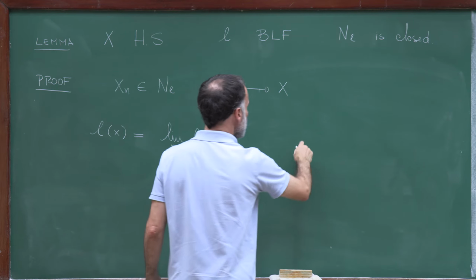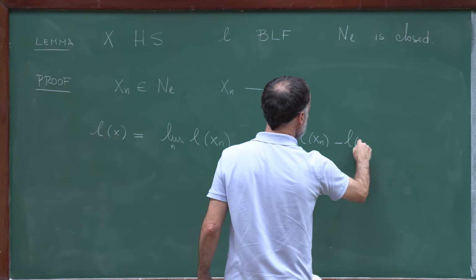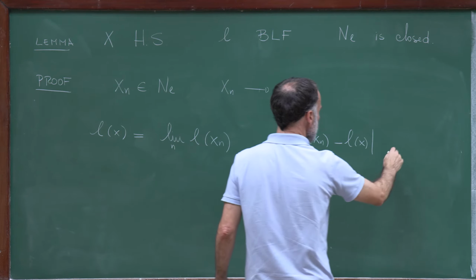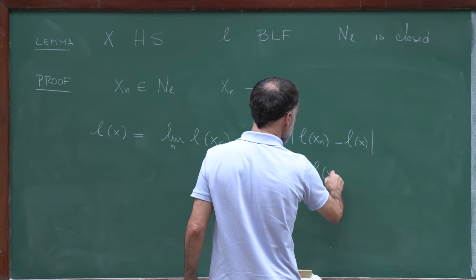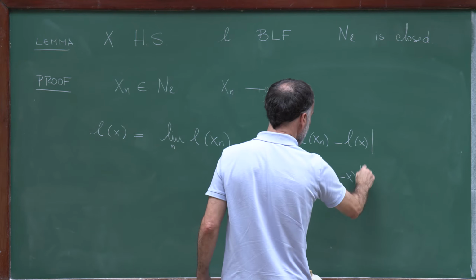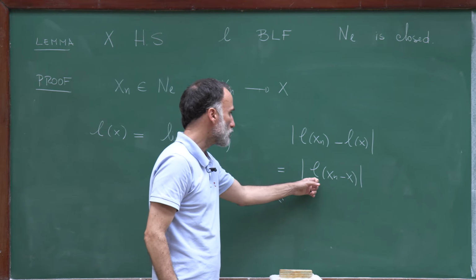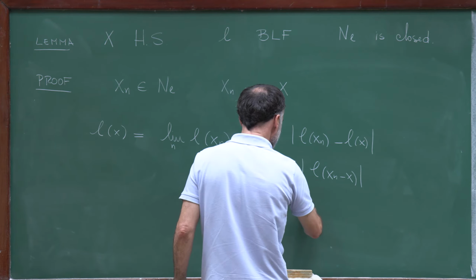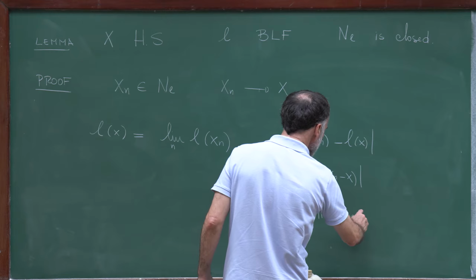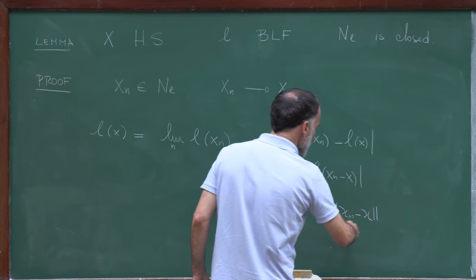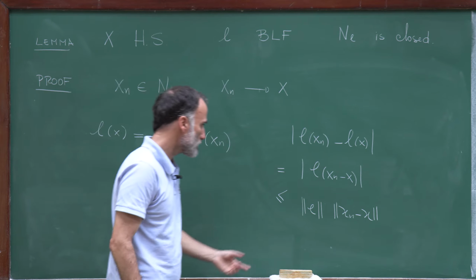That's clear because L of xn minus L of x is equal, by linearity, to L of xn minus x, and this is bounded, by definition of the norm of L, by the norm of L times the norm of xn minus x, and the norm of xn minus x is converging to 0 because xn is converging to x.